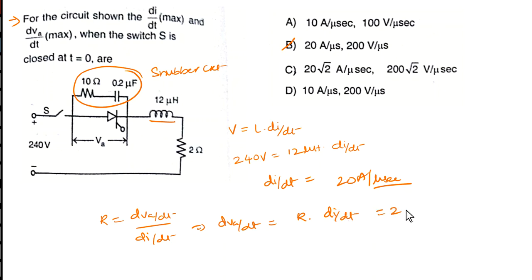What is the R value? dI by dt means 20 amperes per microsecond. The R value here is 10 ohms. This is the lower resistance R. So that is 200 volts per microsecond. So the answer is B here. That's it for this session, friends. We'll continue in the next upcoming sessions. Thank you. Have a nice day.